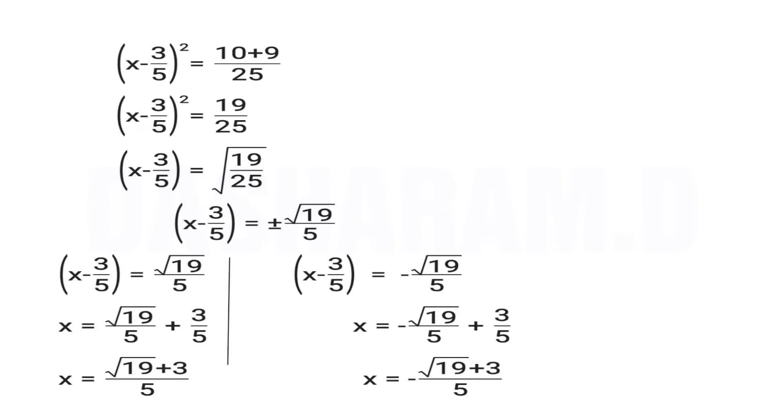Next, on the other side, minus 3 by 5 transposed to the RHS becomes plus 3 by 5. The denominators are the same, so minus root 19 plus 3 by 5 is the second x value. Therefore the required roots of the given quadratic equation are root 19 plus 3 by 5 and minus root 19 plus 3 by 5.